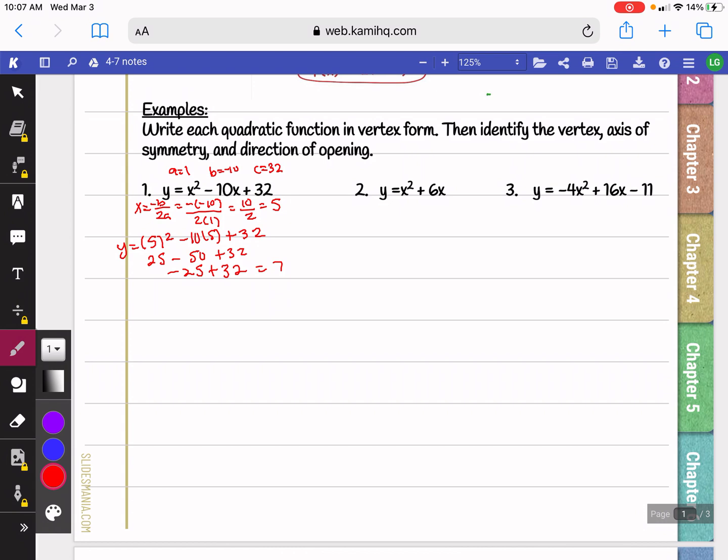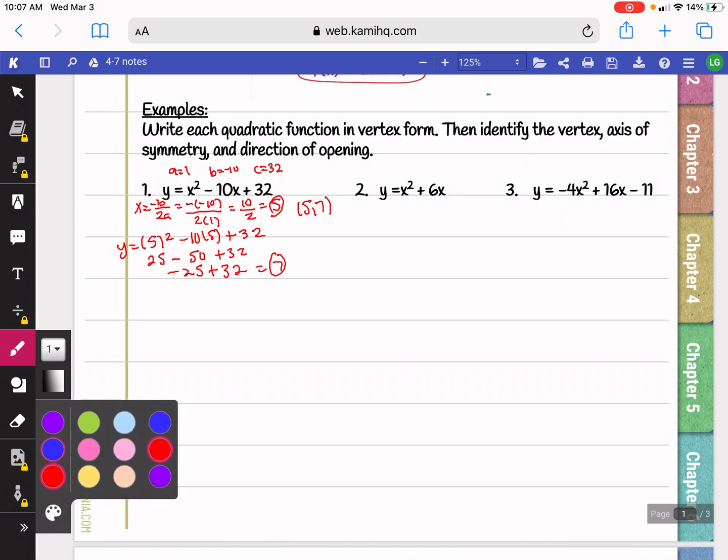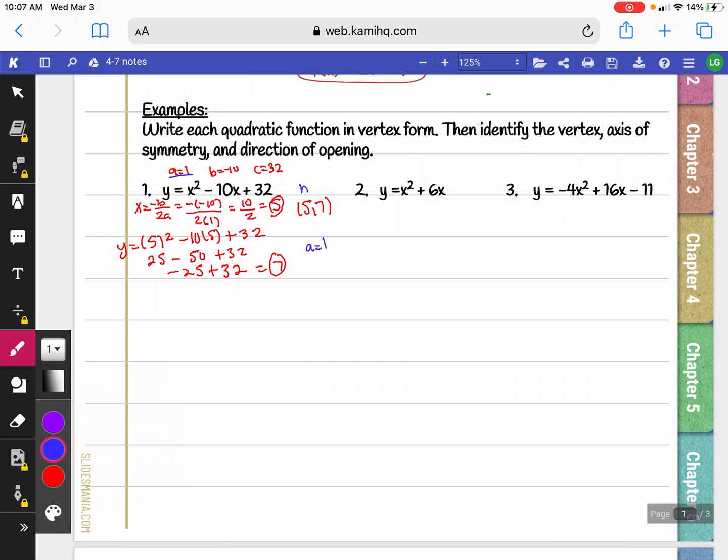So my vertex is at (5, 7). Now, I already know my a from earlier. My a was the 1. My h and k come from my vertex. So my h is 5, my k is 7. Now, later we're going to ask the direction of opening. We already know this one opens upward because the a here is positive.